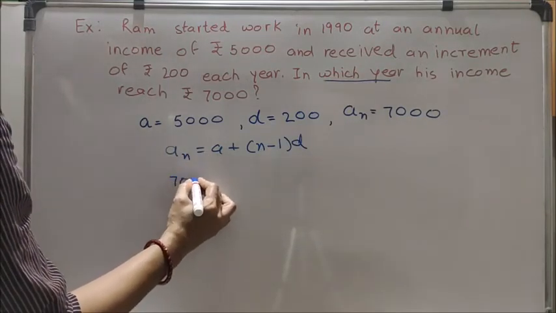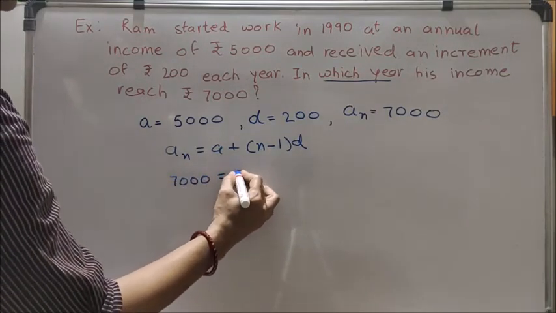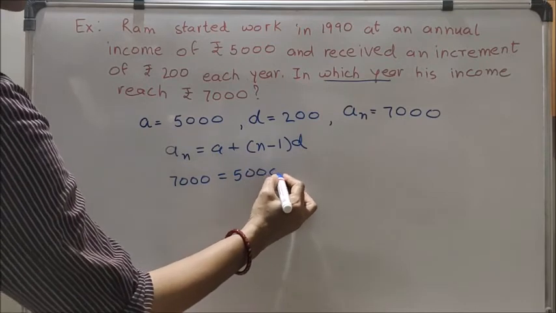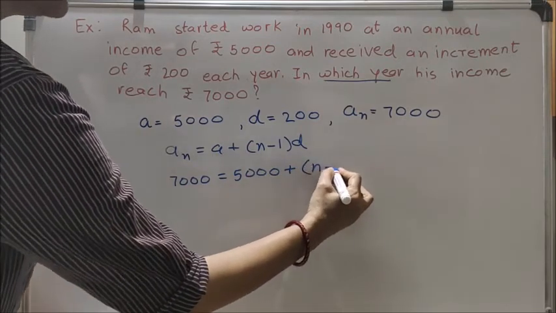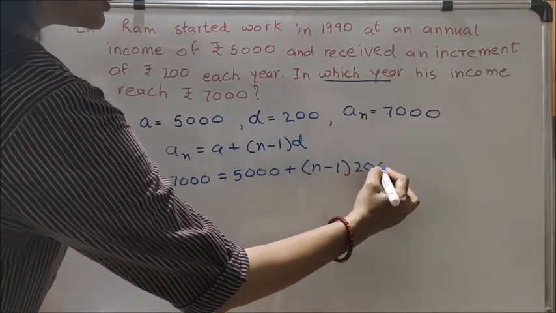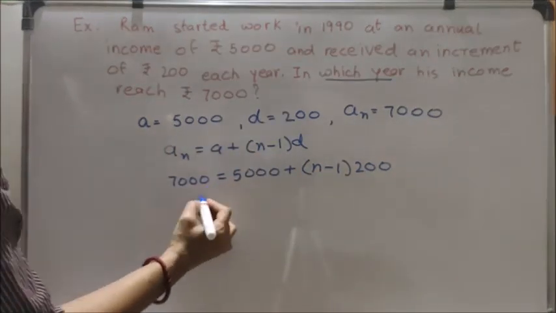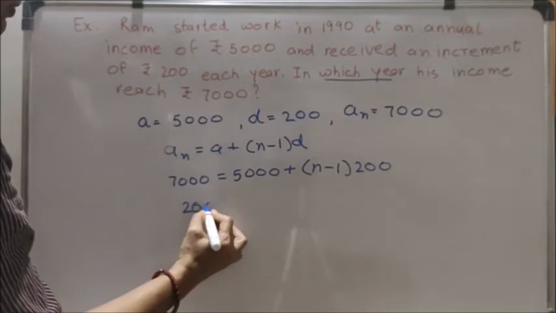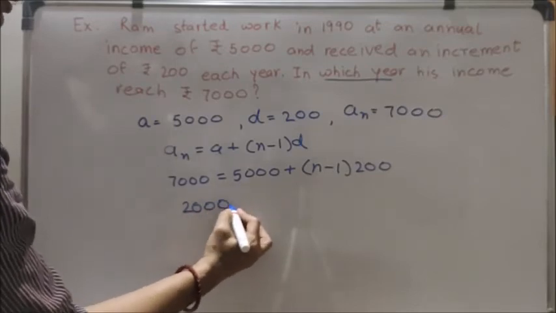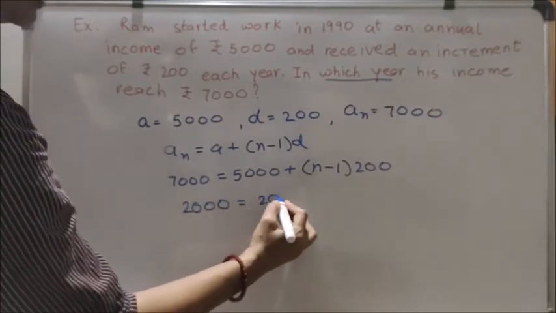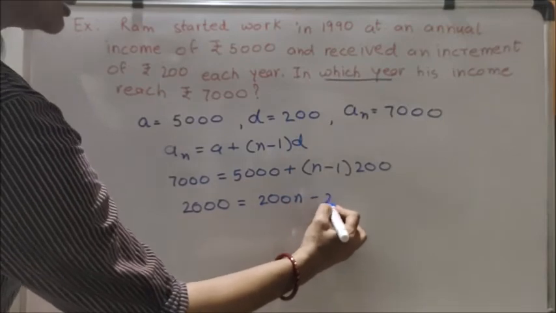So 7,000 is equal to 5,000 plus N minus 1 into 200. This you bring here, subtract, and you are left with 2,000. 7,000 minus 5,000 gives you 2,000 is equal to 200N minus 200.